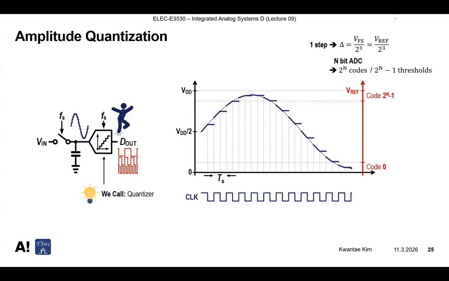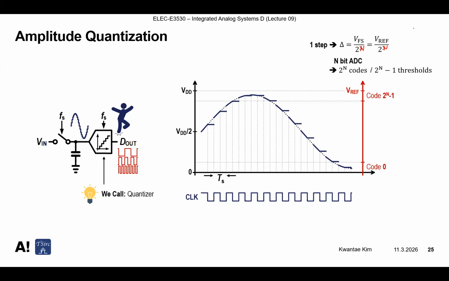And one step LSB is defined as the full scale over, sorry, there is a mistake, this is n, and this is n. Full scale over 2 to the power of n, the reference over 2 to the power of n. And the code ranges from code 0 to code 2 to the power of n minus 1.